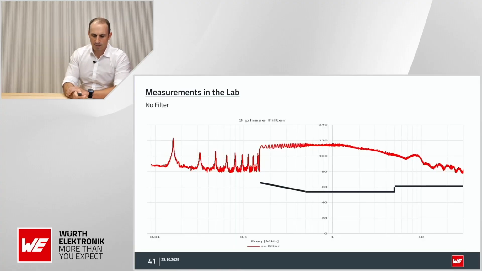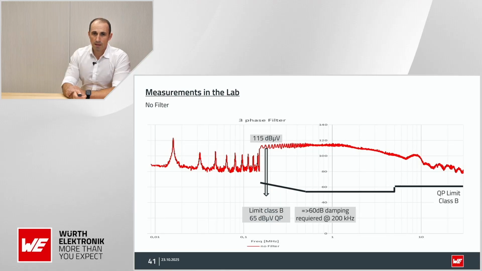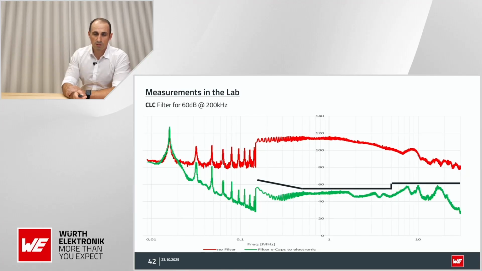All right, last but not least, let's measure and see the result of our filter. This was the beginning, without any filter components. And now this is the result with our filter. This is everything together, common mode plus differential mode, quasi-peak. This is what you really measure in EMC.